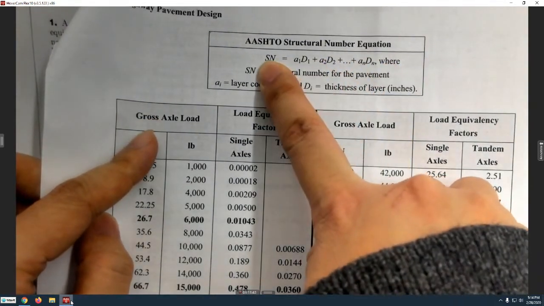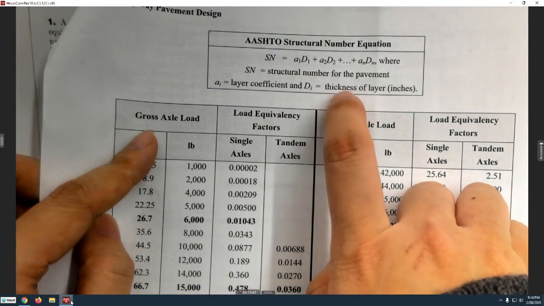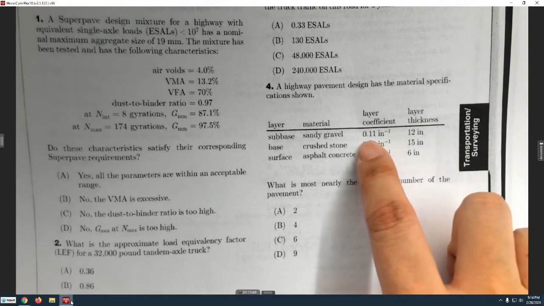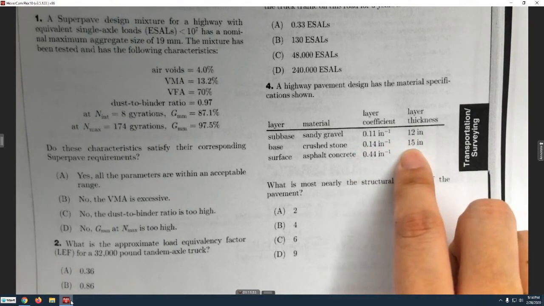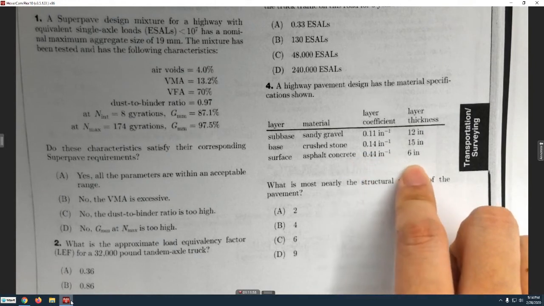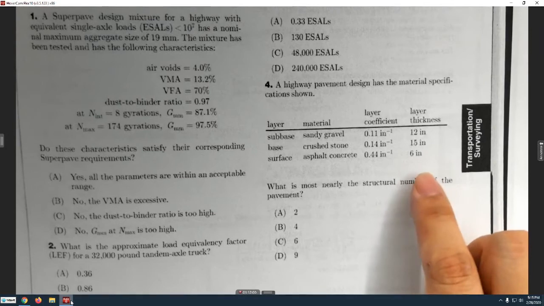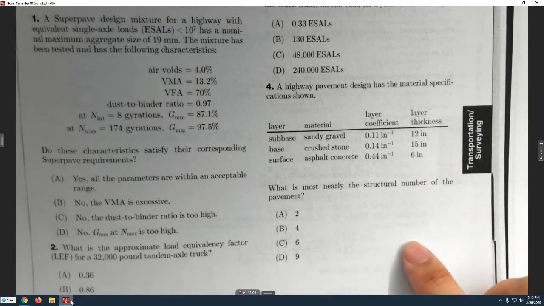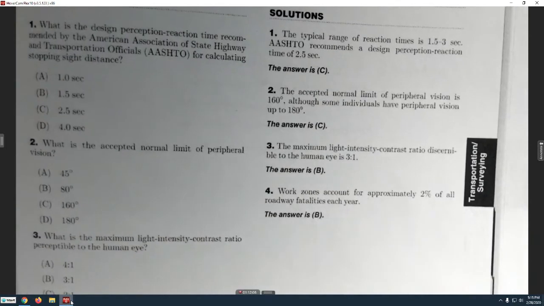This is the structural number you're going to calculate. A is the layer coefficient, and D is the thickness. So for this one, it's just 0.11 times 12 plus 0.14 times 15 plus 0.44 times 6. Add them together. The calculation is very easy. So the answer in this case is C. That's it.